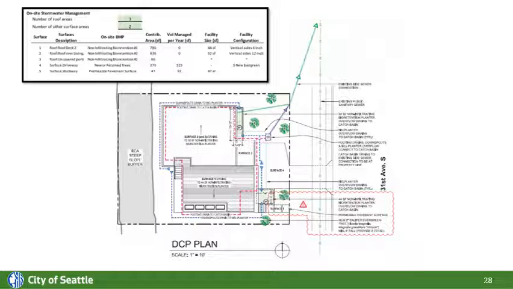So for new and retained trees, actually it's just trees now as the BMP for the 2021 code. So the common name and species need to be identified, the location needs to be identified, and you need to verify that those trees are within 20 feet of the hard surface that they are mitigating.